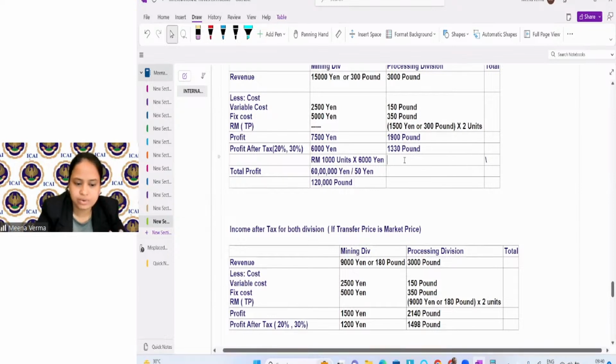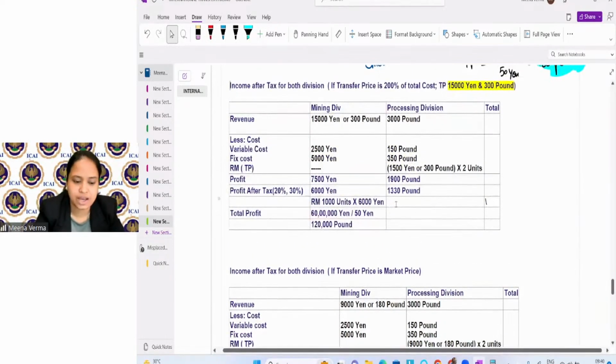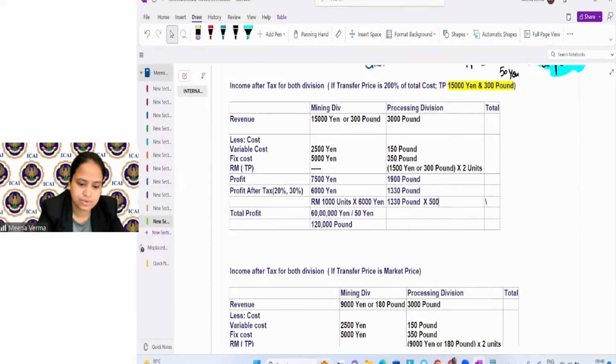Now, this is already in pound. How many units of final good are we producing? The processing division has the final goods. So 1330 pound is the profit of 1 unit, and here we are producing 500 final goods. You can just multiply it.